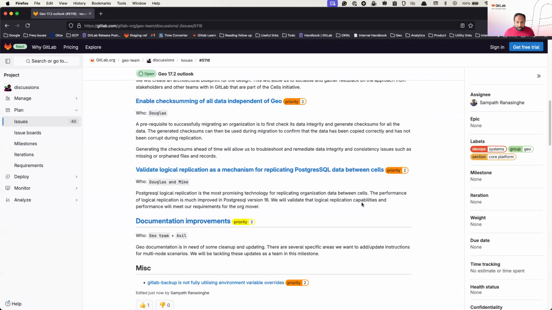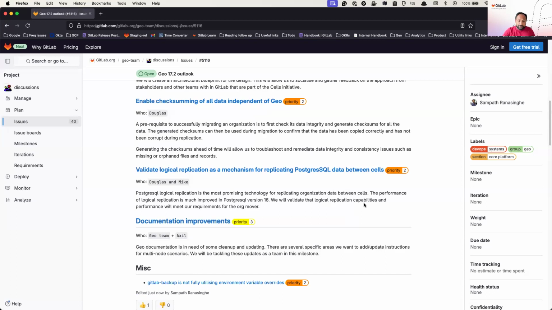And so the idea here would be to evaluate the performance and the suitability of logical replication instead of streaming replication, which replicates data at an instance level, which will not work for cells, whereas logical replication will allow us to filter just the specific org's data to be copied across to a cell. So that's the idea behind our investigation into logical replication with respect to org movement.